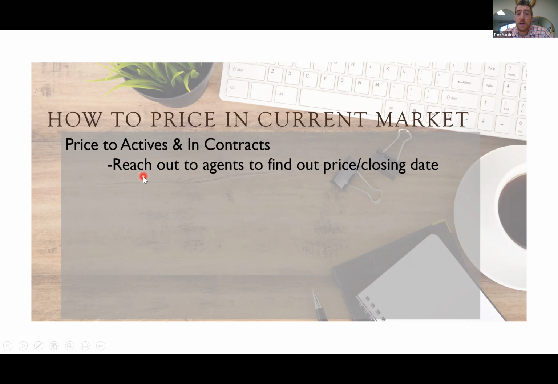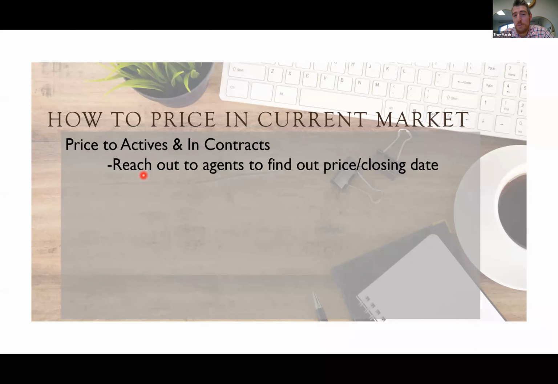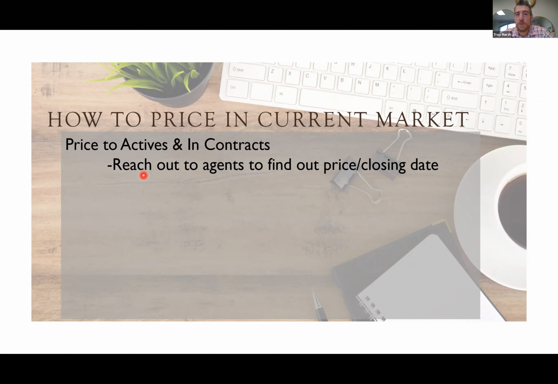Number one, when it's supposed to close, because remember, appraisers usually don't look at anything unless it's closed. And number two, are they through appraisal? And then obviously I try to find out what it's listed at also, or what it's in contract for, because sometimes list price isn't indicative of what it's in contract for.